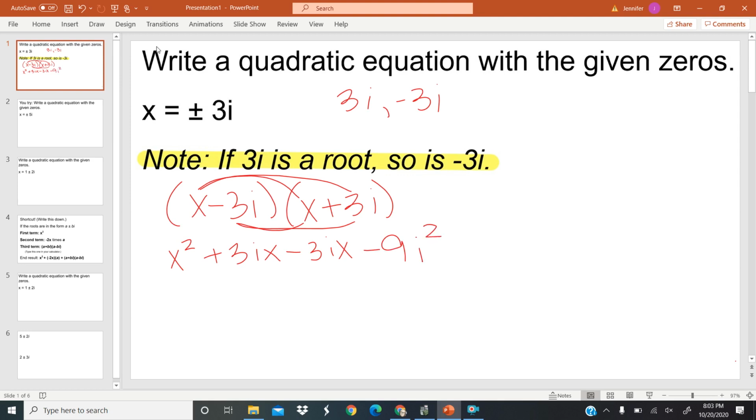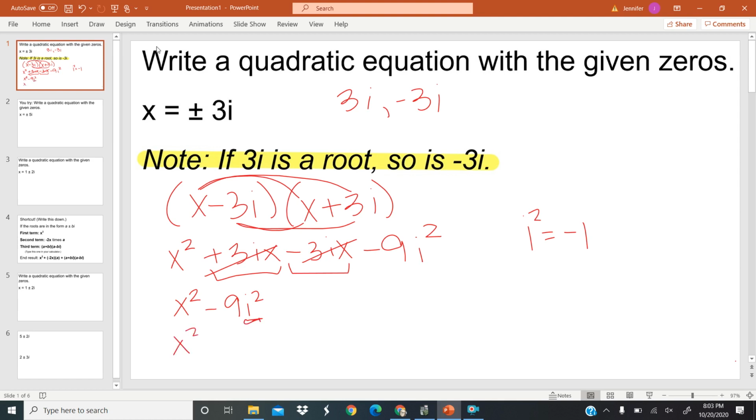So now we just need to simplify this. So the first thing to note is that you have positive 3ix and negative 3ix. So those two are going to cancel out, and you're going to have x squared minus 9i squared. So then if you remember from our imaginary numbers video, i squared is going to be equal to negative 1. So we can replace this i squared with negative 1.